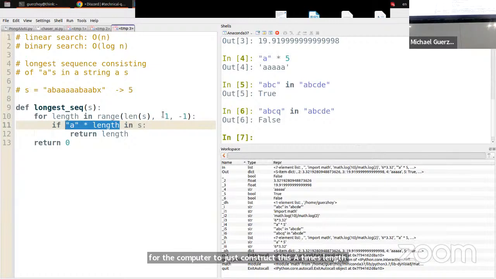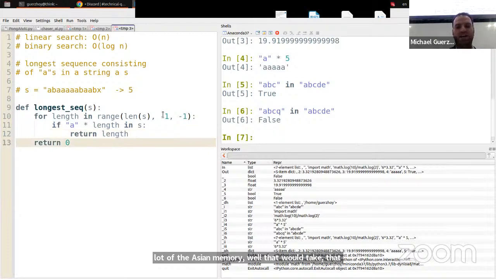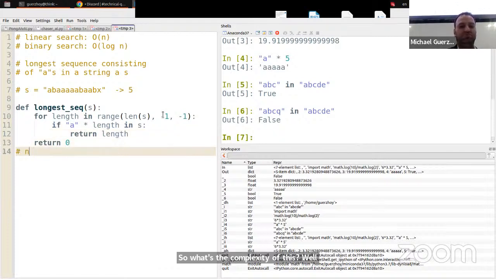If length is very large, then A times length would take more time, because you literally need length A's to be stored in memory. If you need to store a lot of A's in memory, that would take more time. So what's the complexity of this? Well, not O of length of S.